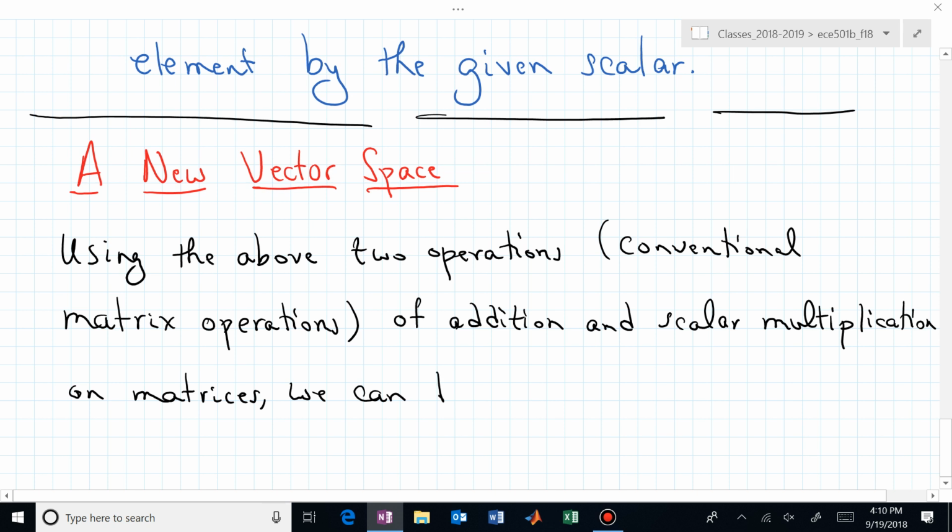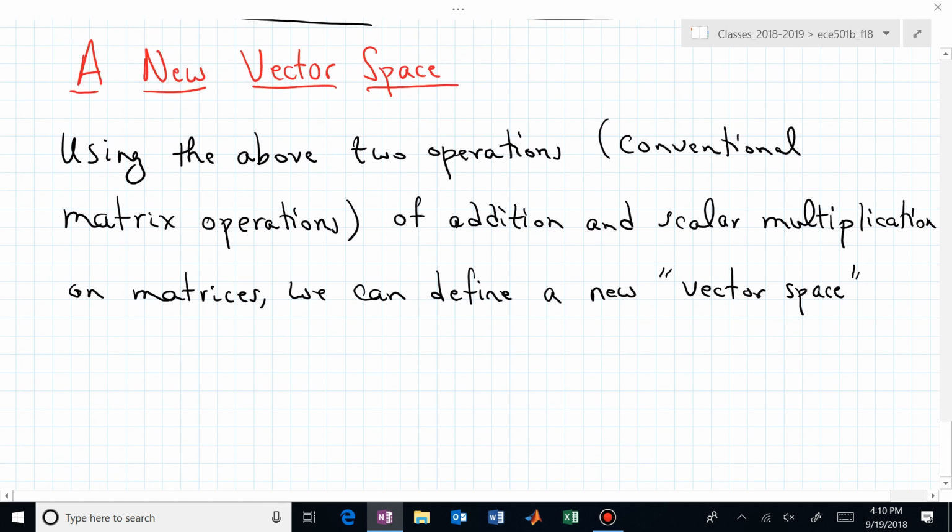We can in fact define a new vector space from those operations. And it might be called, let's say, Mat, or matrix M, comma n, with the elements of that matrix coming from the field F.